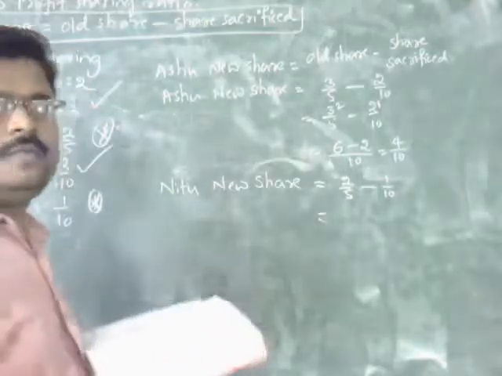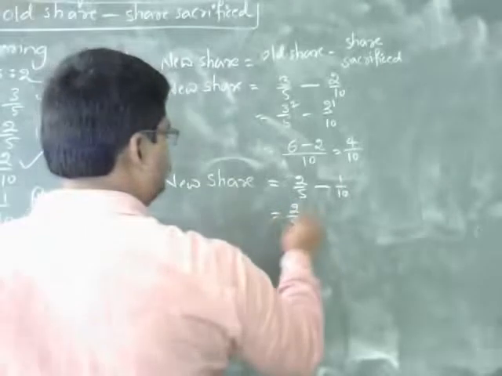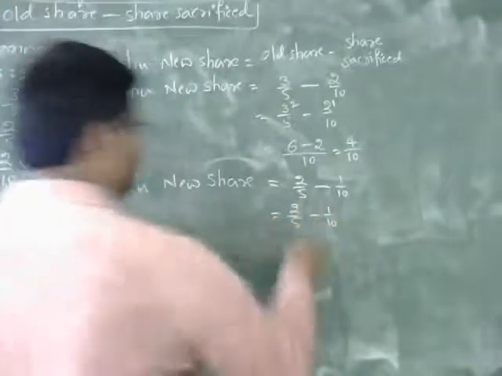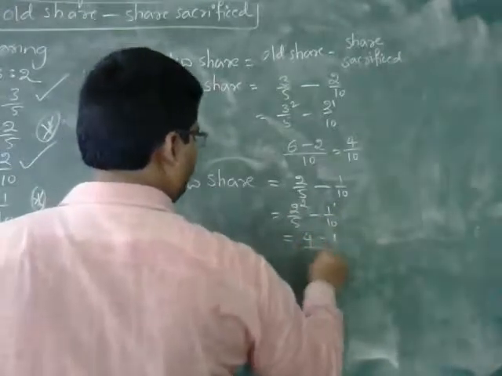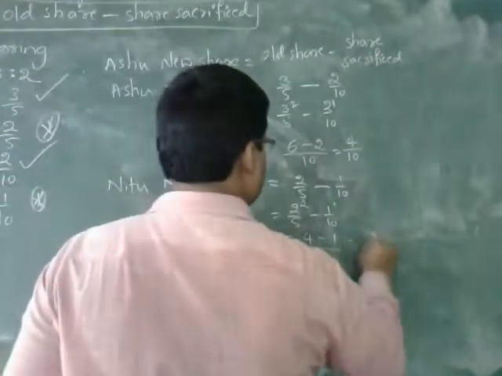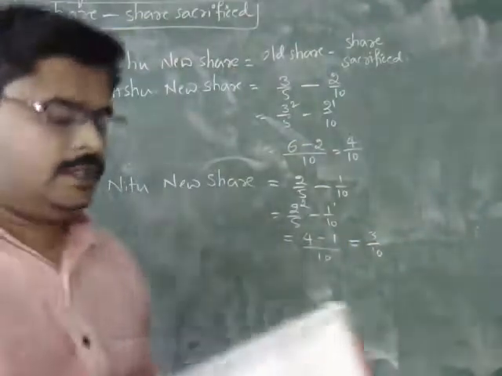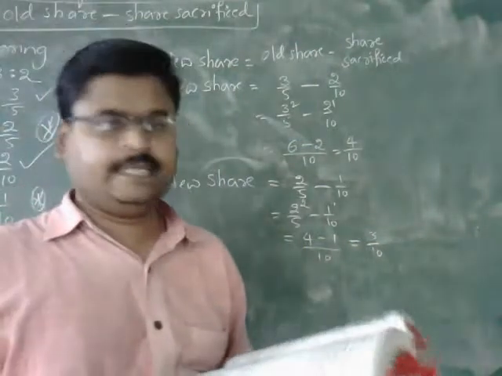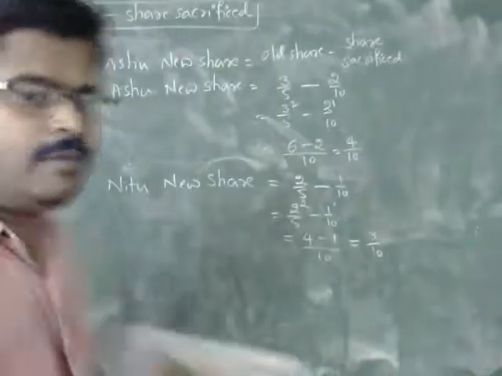If I simplify, 2 by 5 minus 1 by 10: 5 2s are 10, 1s are 4 minus 1 divided by 10. It will be 3 by 10. And Jyoti as a new partner for 3/10 share, they have given the new share of Jyoti in the problem.